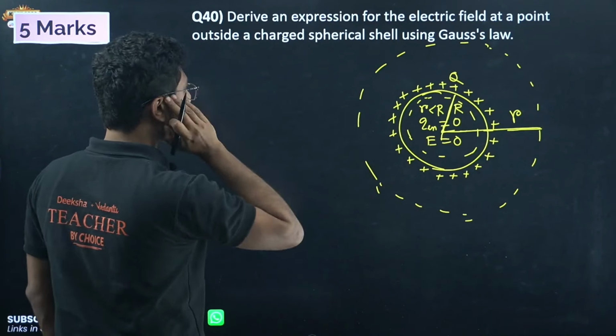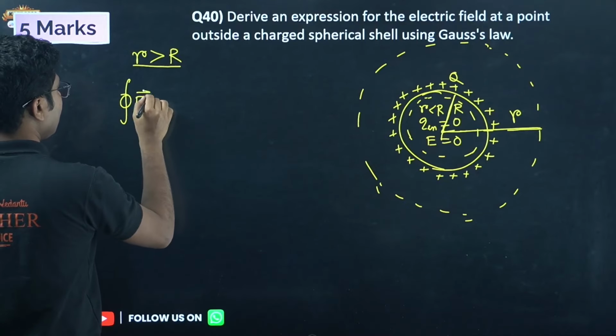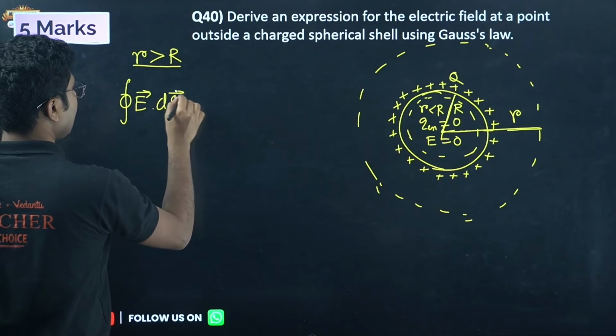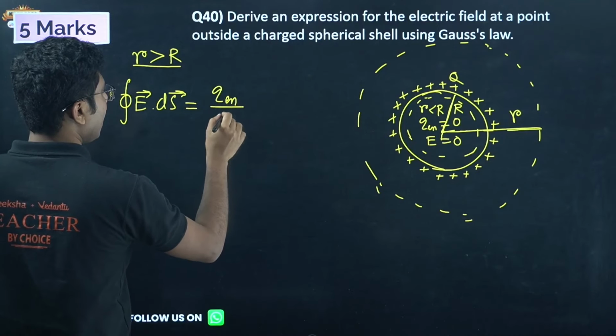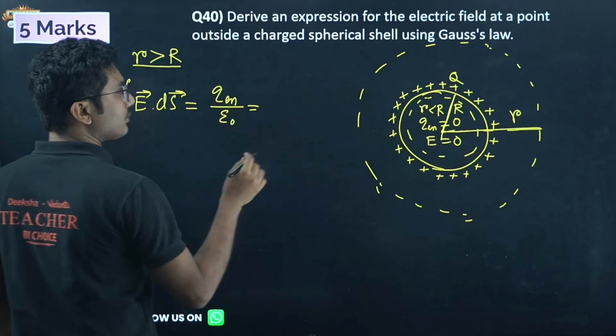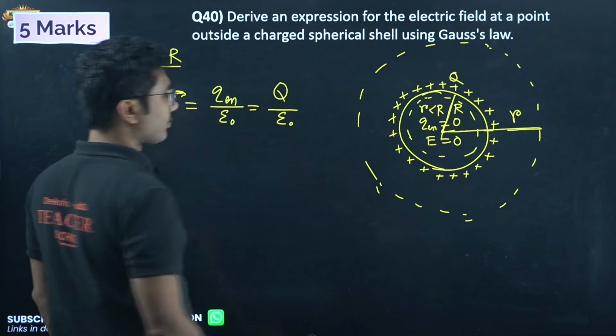Now for r greater than R, again, what is Gauss's law? Closed integral of E dot dS equals q enclosed by epsilon naught, and q enclosed here is capital Q by epsilon naught.